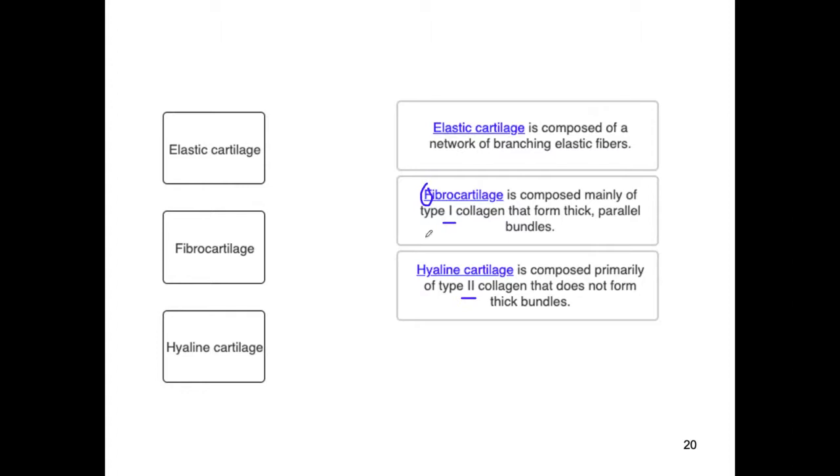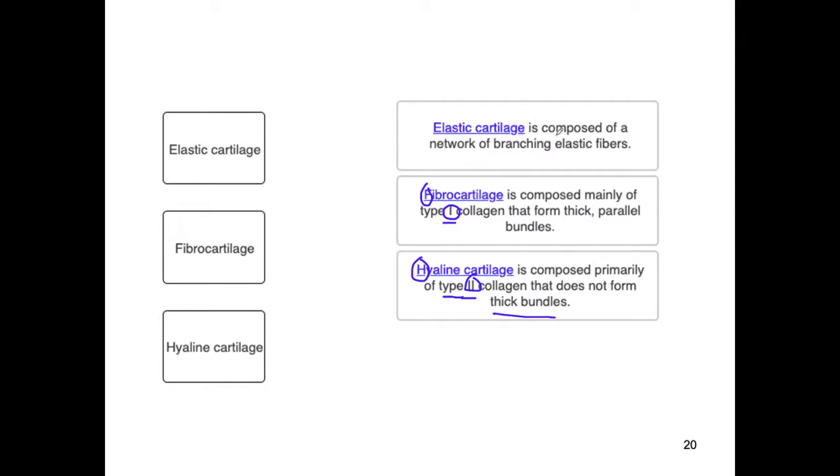F comes before H. So fibrocartilage, 1 comes before 2, hyaline cartilage. Hyaline cartilage is type 2. It doesn't form thick bundles. And that's why people's joints can wear down, because they're not thick bundles like the fibrocartilage or the discs in between the spine.